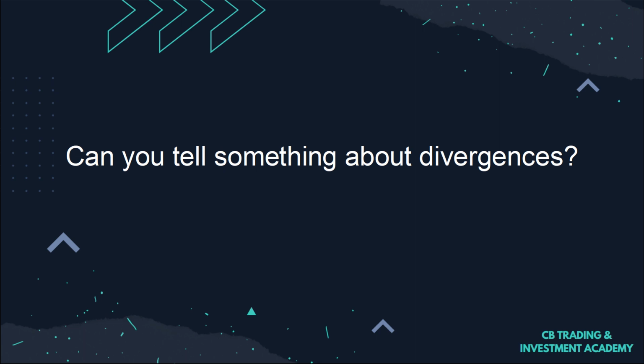So about divergences, it just means nothing more than price making a higher high, and RSI, for example, making a lower high, which basically says that buying pressure or selling pressure is minimizing, which could indicate a trend or price reversal.